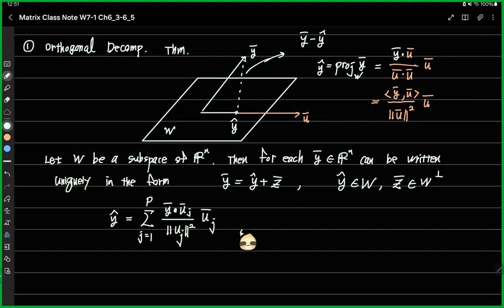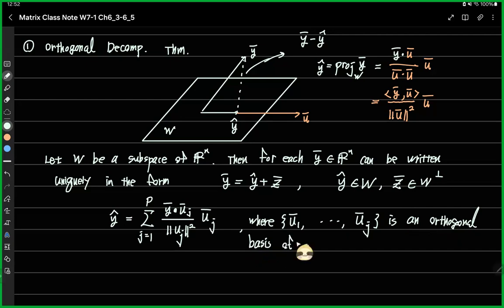Okay, so here, the u1 through up is an orthogonal basis of the subspace W. Okay, up, sorry.